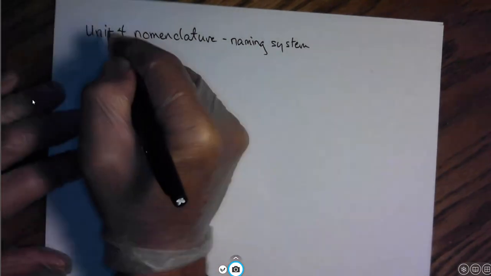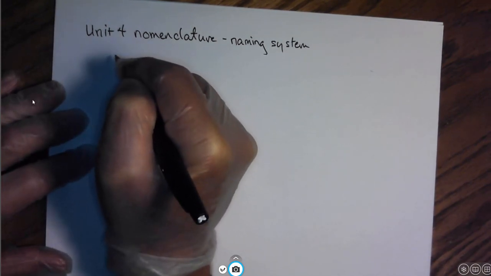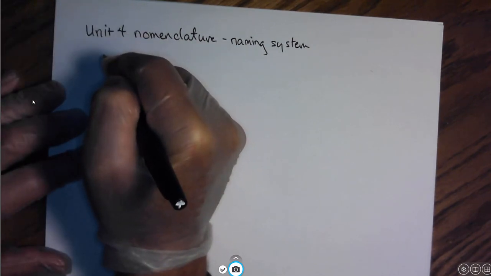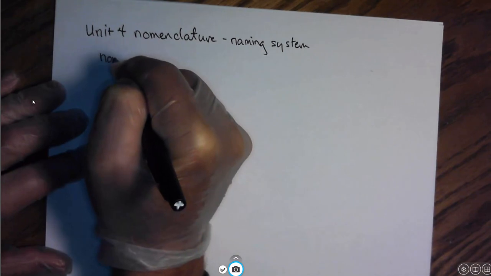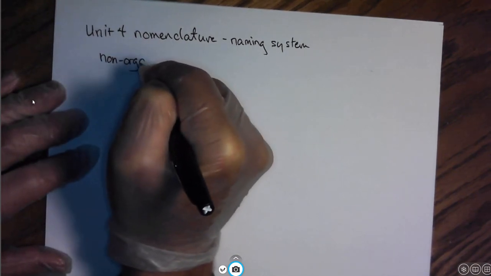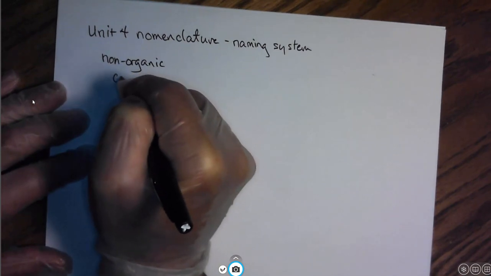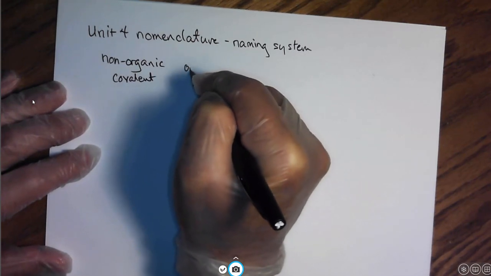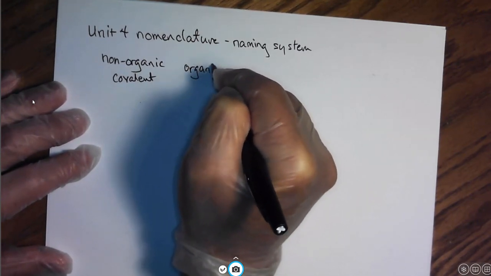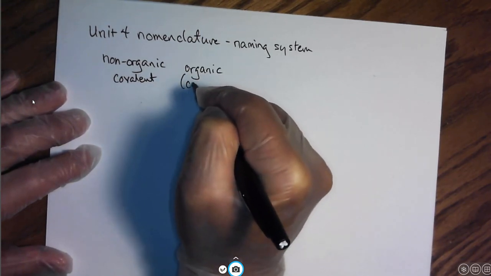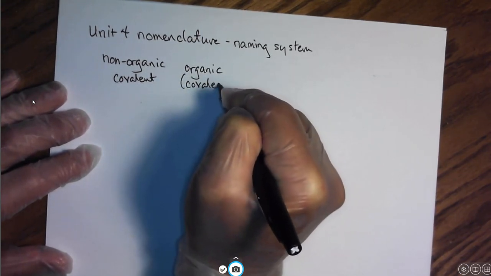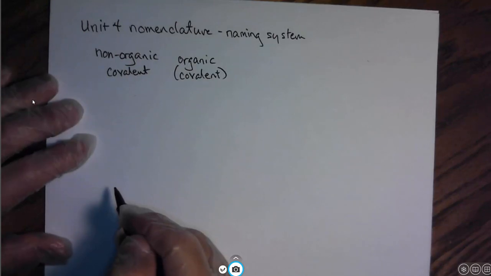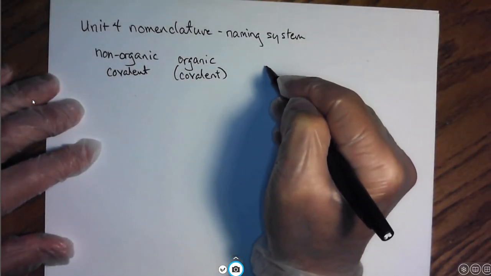In this unit, we've been dealing with covalent compounds, but there are 2 categories of covalent compounds: a non-organic covalent, and an organic category, which most of the time is also covalent. That's 2 of the categories. Then we got a category that's called ionic.